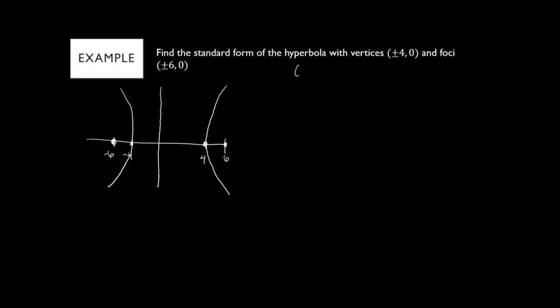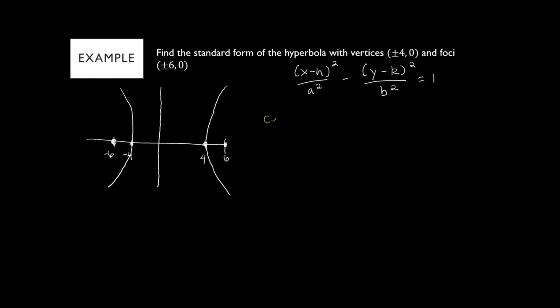So our equation is x minus h squared over a squared minus y minus k squared over b squared equals 1. We need to find the center, a squared, and b squared. My picture is not to scale, so my center does not actually look like where the center is, because it's just a sketch.